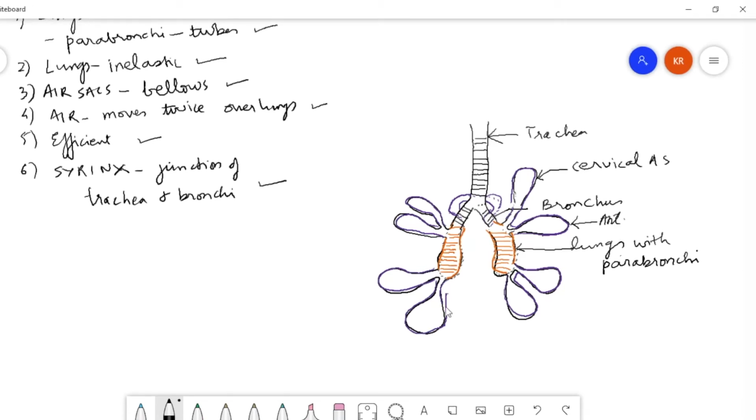This anterior thoracic air sac. This is the posterior thoracic air sac, and this is the abdominal air sac. So let's write this down.